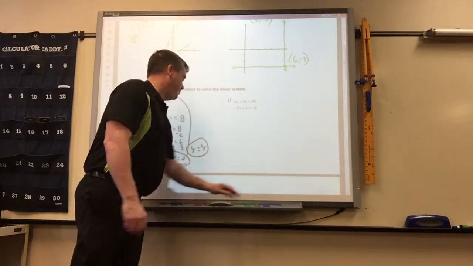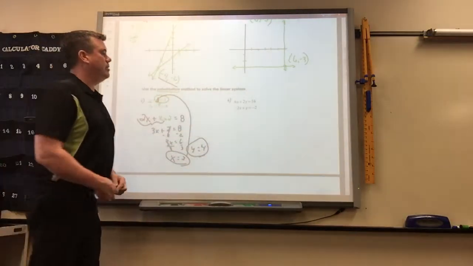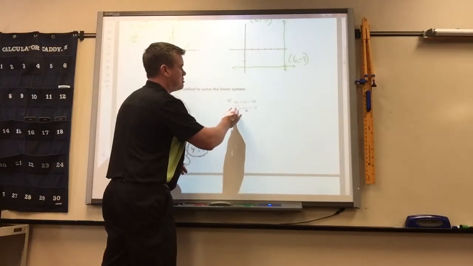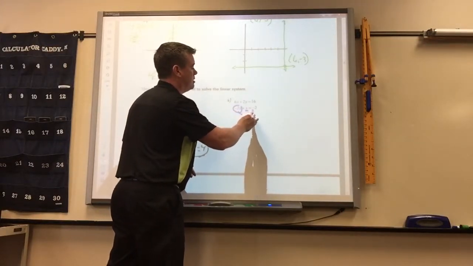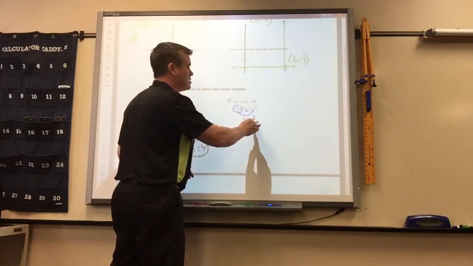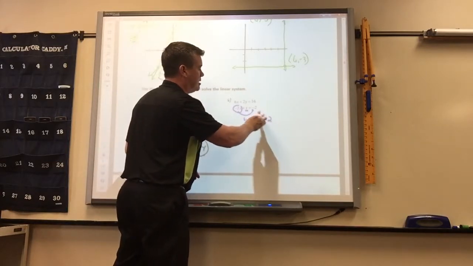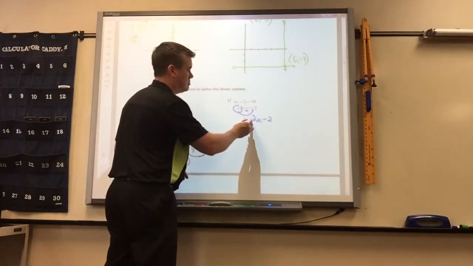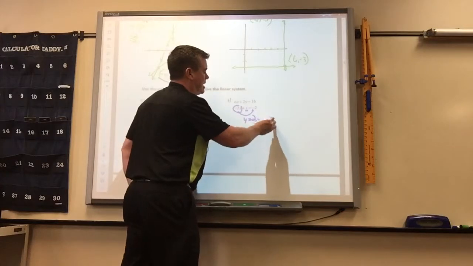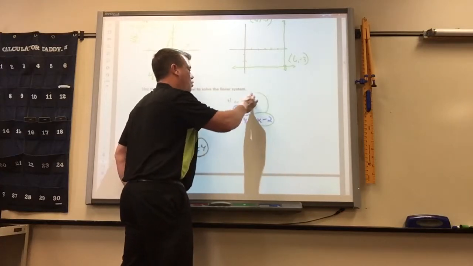Now, this one, the easiest thing to do would be to get this y by itself. So just move the -2x over. So y would equal, it would change from negative to positive 2x. And then that didn't move, so it just stays -2. So then we have to take that and plug it in for the y up here.